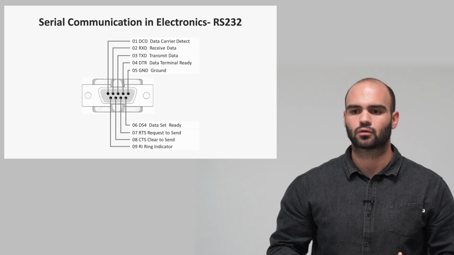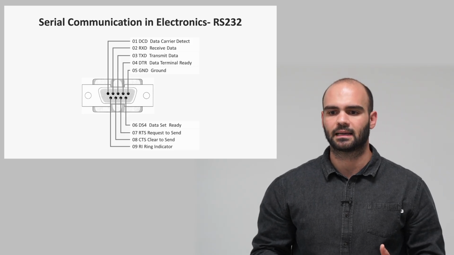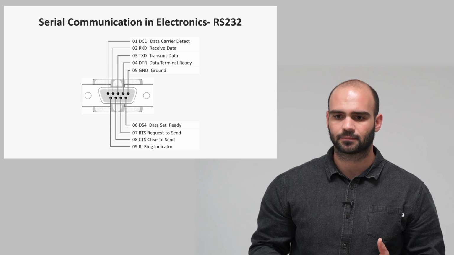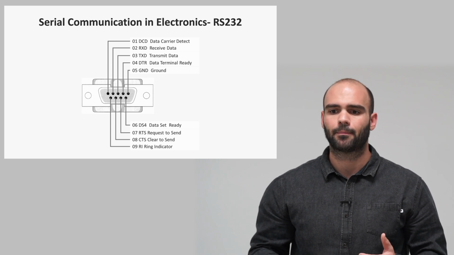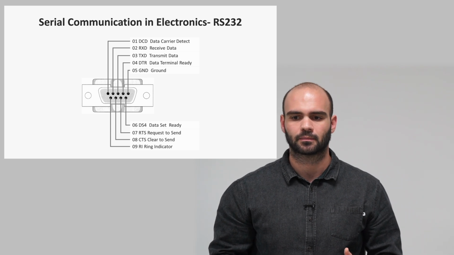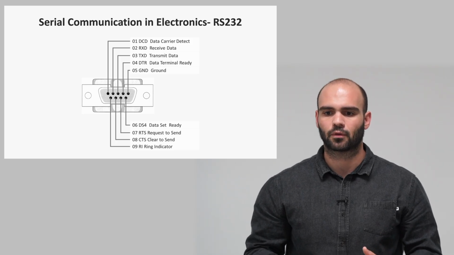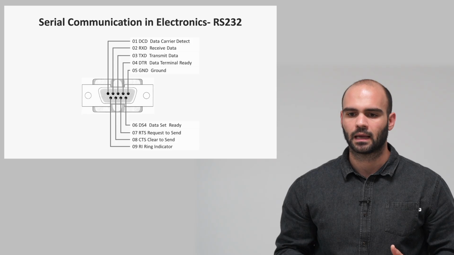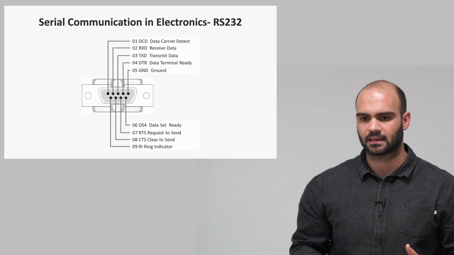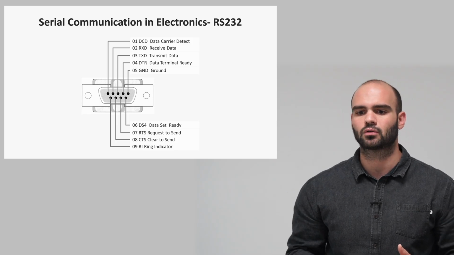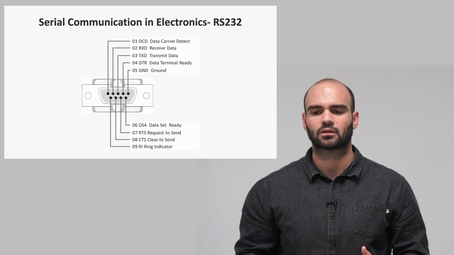Some pins are used for control signals, like RTS and CTS, which help manage when data can be transmitted. Others, like DCD or RI, are used for modem communication. Understanding these pins is essential when setting up or troubleshooting serial communication connections in electronic systems.